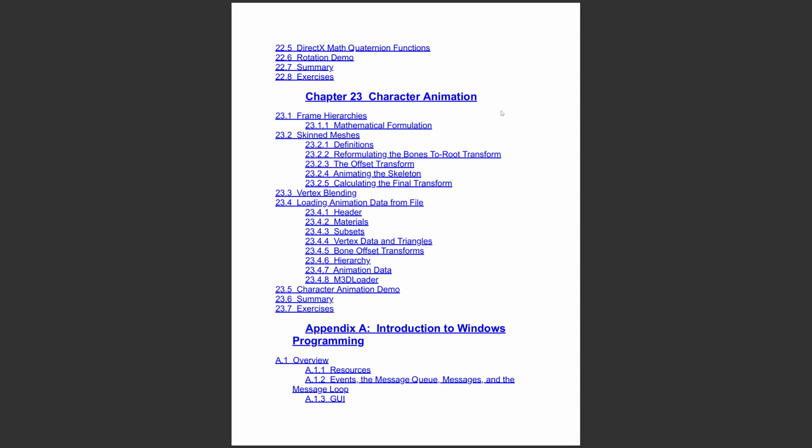Of course, to do this sort of file processing, we need a header, we need materials, subsets. We have the vertex data and the triangles. We have bone offsets and transformations. We have a hierarchy of this information, or hierarchy of bones. And then we have animation data and M3D loader. Not sure what that is. Perhaps it's a resource provided by the book.